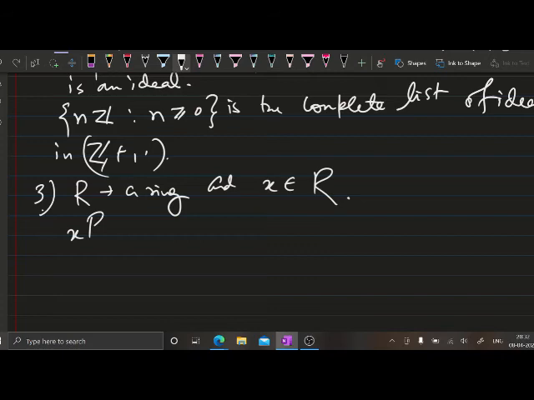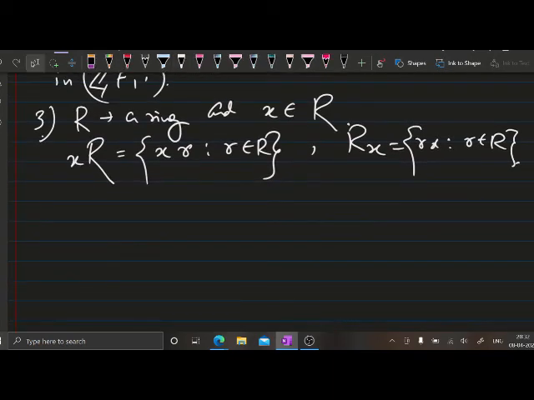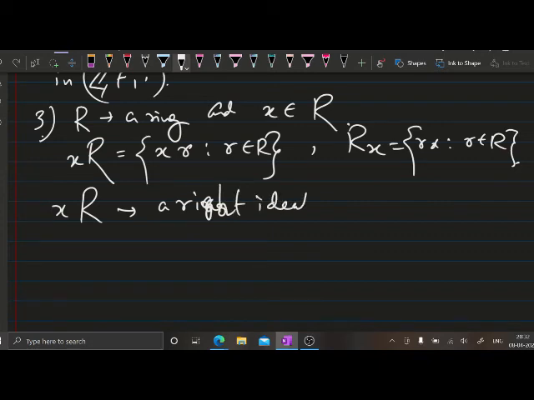One is xR, which is the set of all elements of the form x small r, where small r belongs to capital R, and another one is Rx, that is, r x where r belongs to capital R. So using this x, you can define two sets in capital R. But eventually you will see that the first one is going to be a right ideal, and the second one is going to be a left ideal.